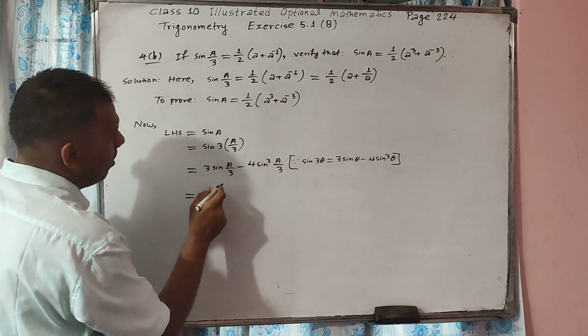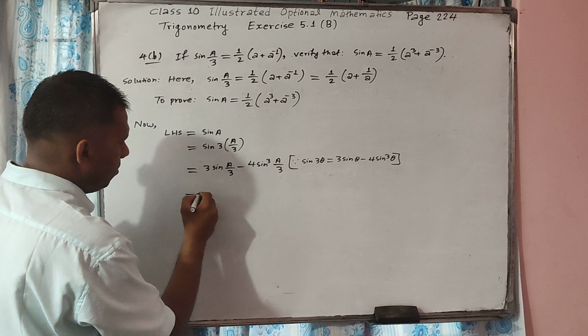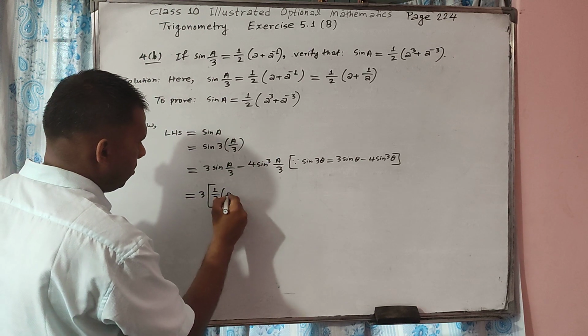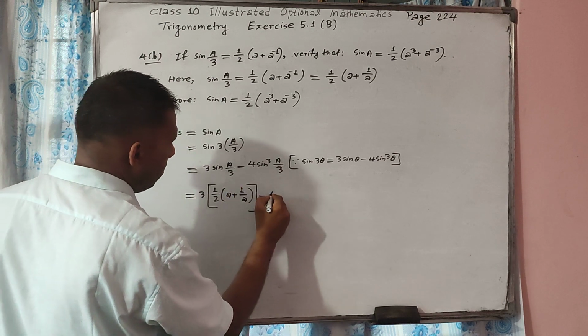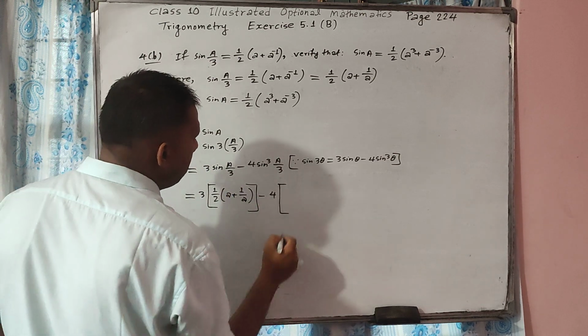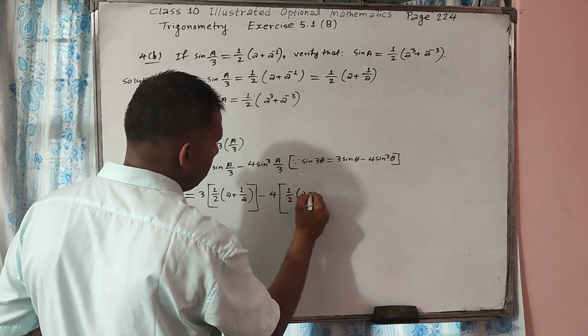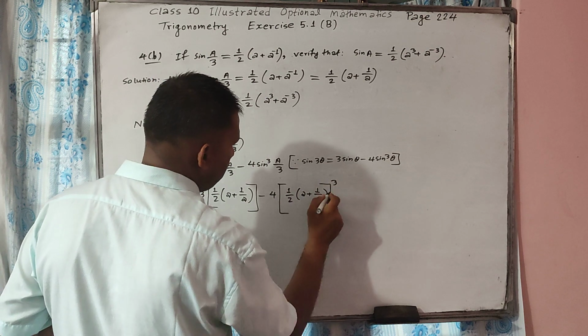Now we have the value of sin a by 3, that is 1 by 2 times a plus 1 by a, so 3 times 1 by 2 a plus 1 by a, minus 4 sin cube a by 3, that is 1 by 2 times a plus 1 by a, its whole cube.